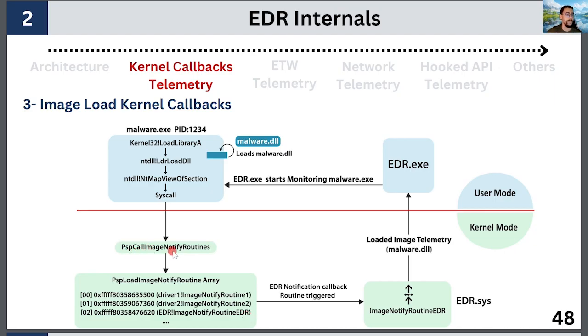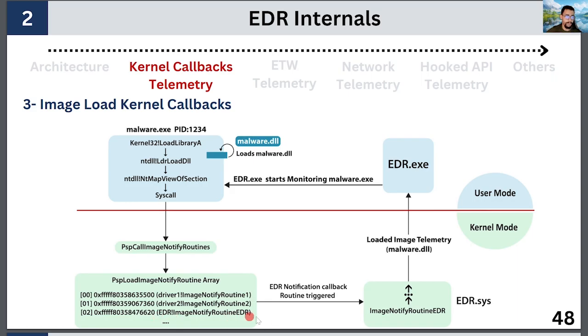As PspCallImageNotifyRoutines iterates through this array, it will trigger the callback routine registered by EDR, ImageNotifyRoutineEDR, at index 2.